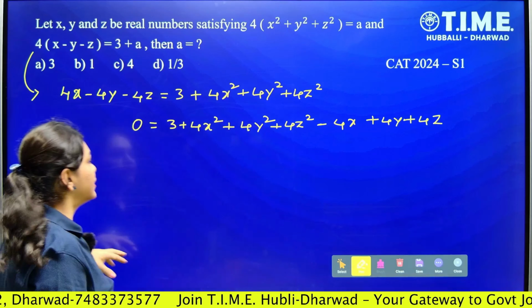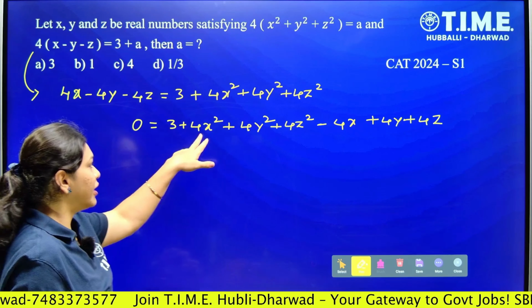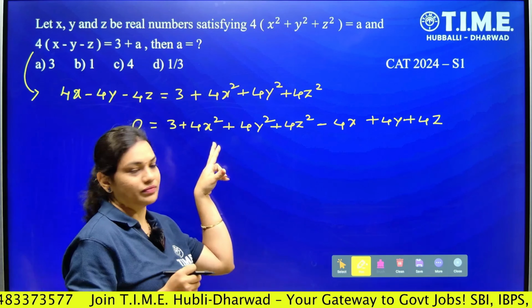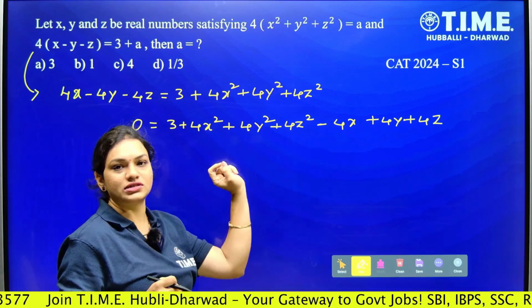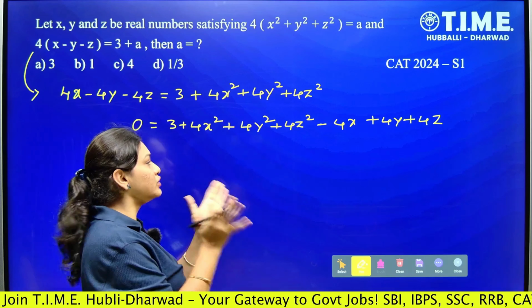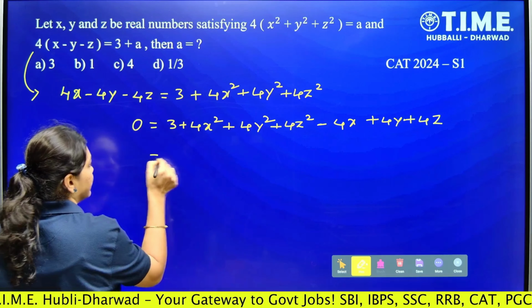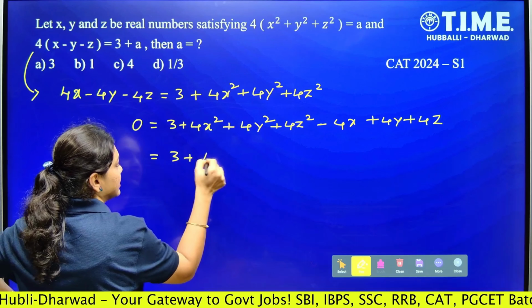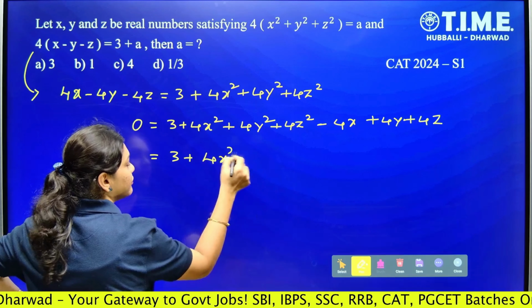Okay, so once we observe this, if I consider only the x terms, we'll take them to one side so that we can use a formula, right?